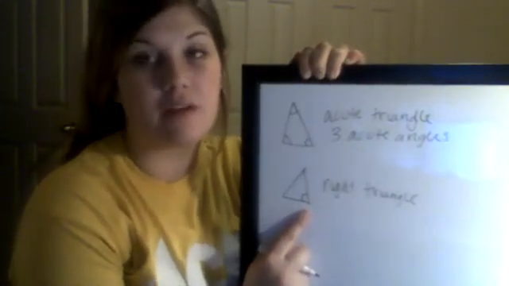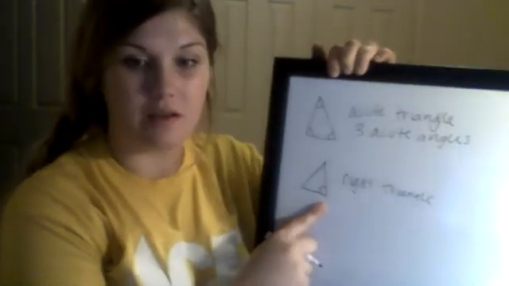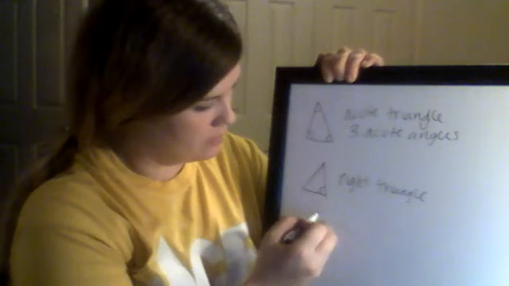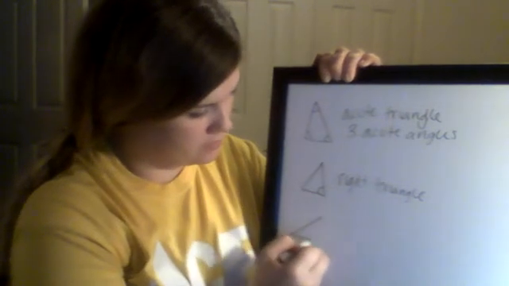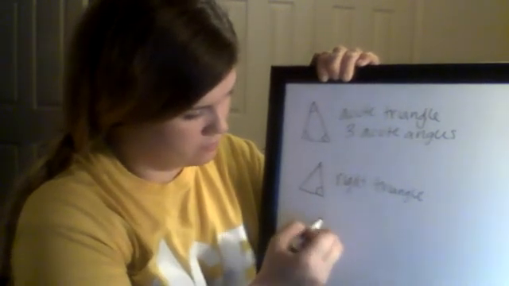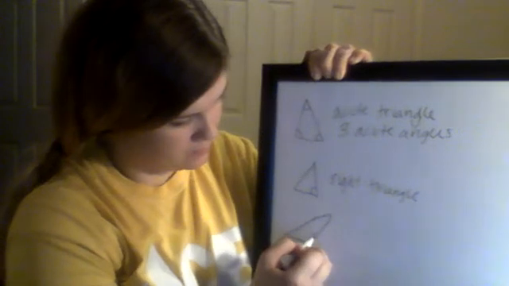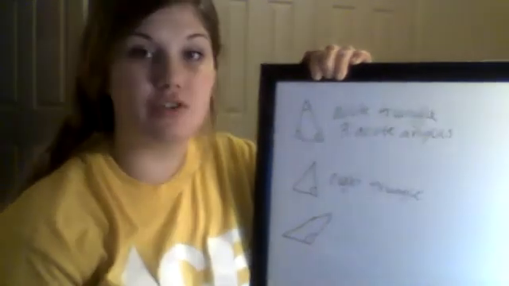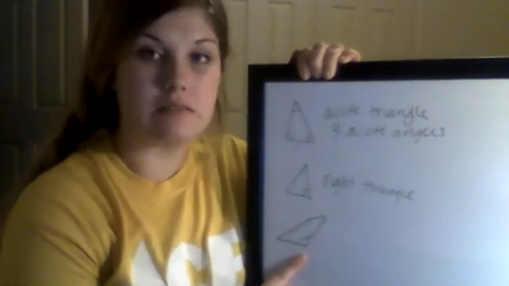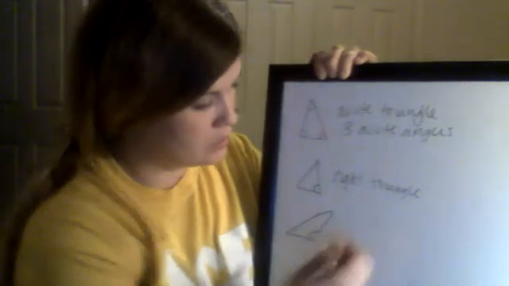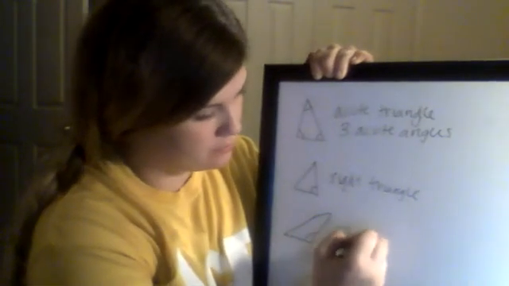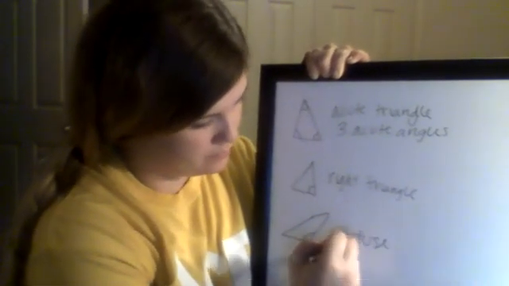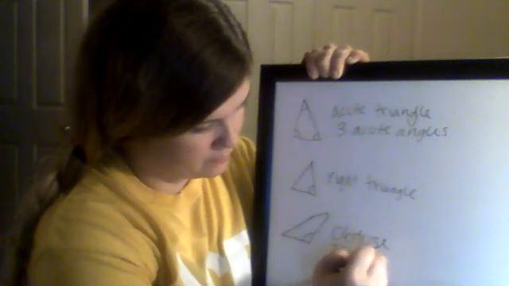Okay, and now if we draw this triangle, this is an obtuse angle. And how you know that is it's more than 90 degrees. So that means it would be an obtuse triangle. Because it has one obtuse angle.